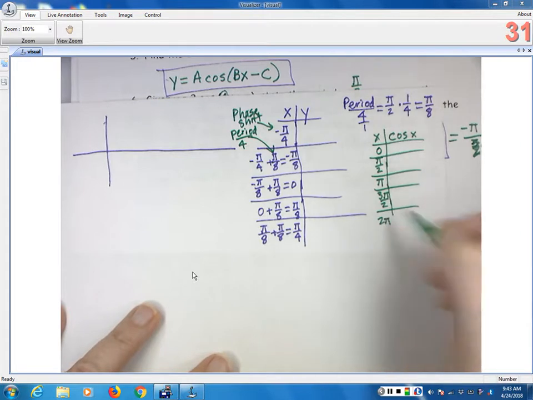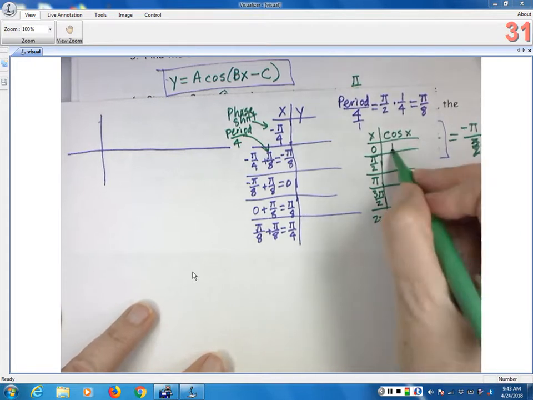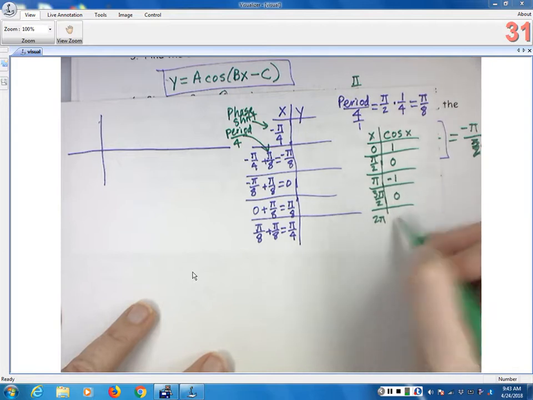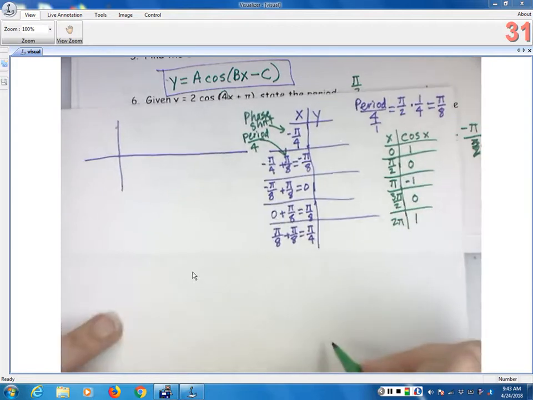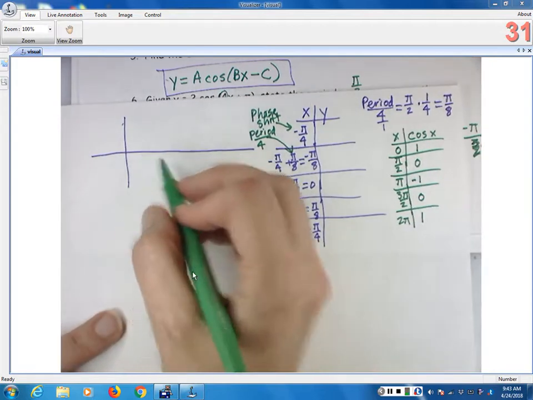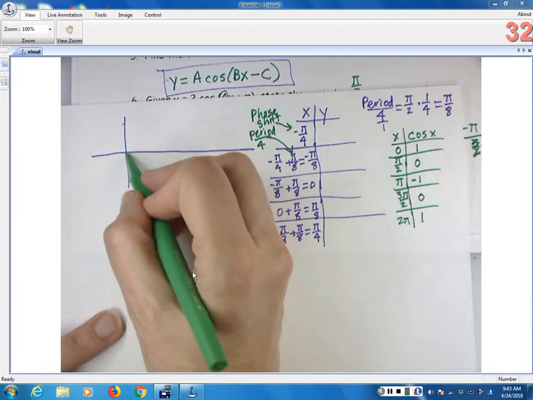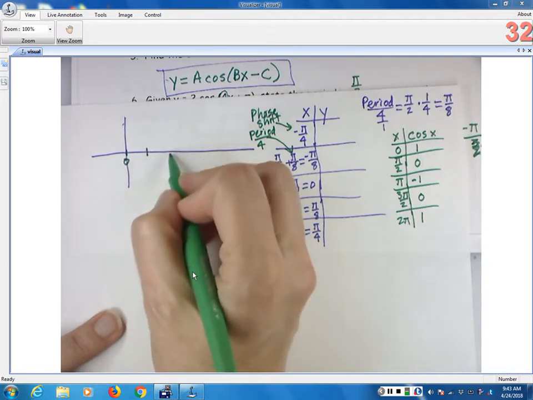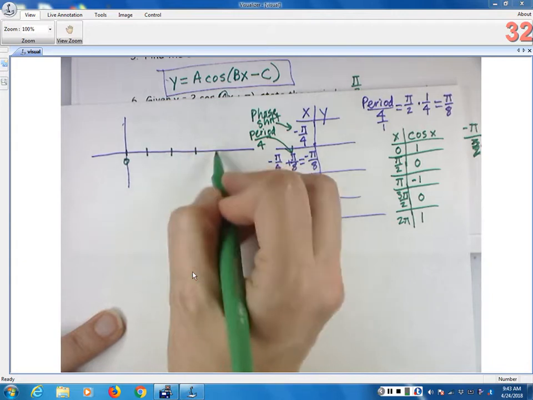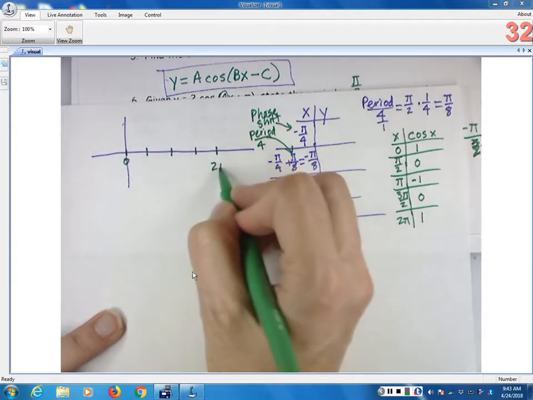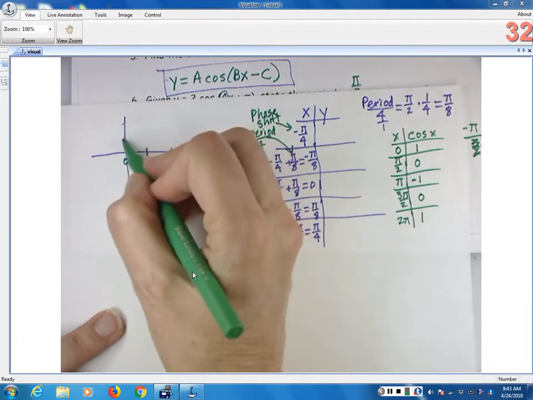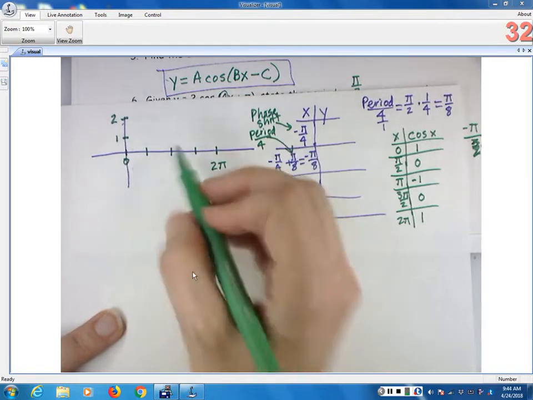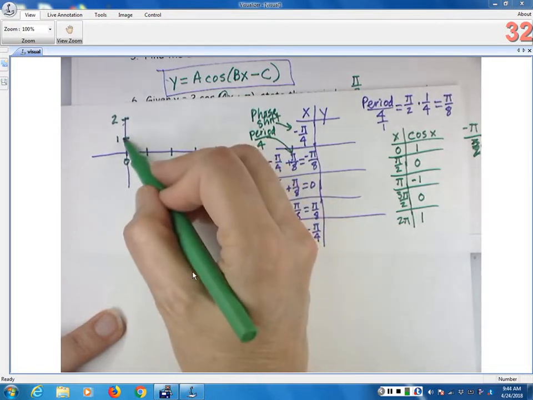The cosine function is at 1, 0, negative 1, 0, and 1. The regular cosine function, let's draw it. 0, 1, 2, 3, 4. This will be 2 pi. And if this is 1, make this 2. So the cosine function goes like that.